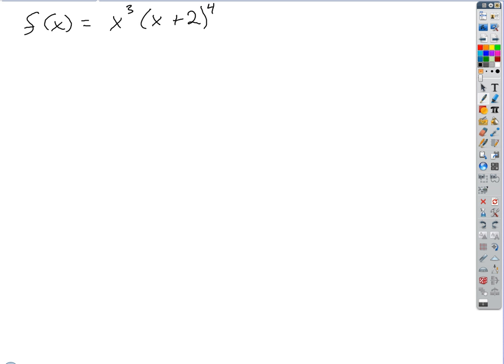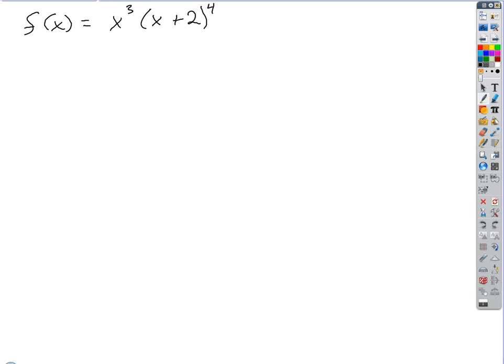Right away, and I think this is not a bad idea to do, I know you're anxious a lot of times to get going on the problems and get things done, but before you jump into stuff, I really think it's crucial that you take a second and think about what this problem is going to look like. We're going to have this polynomial.